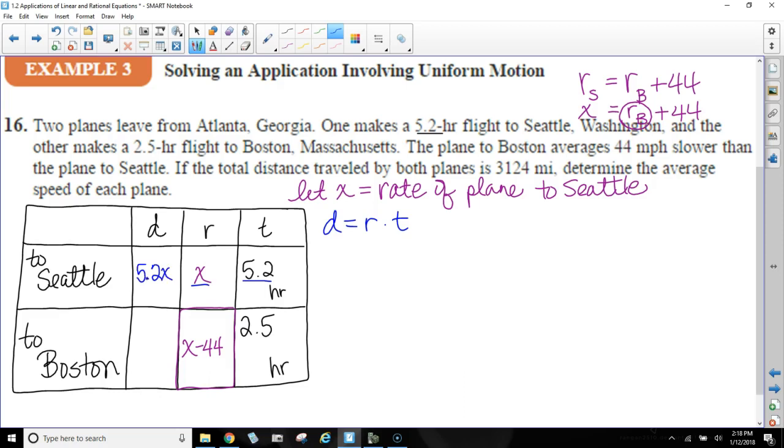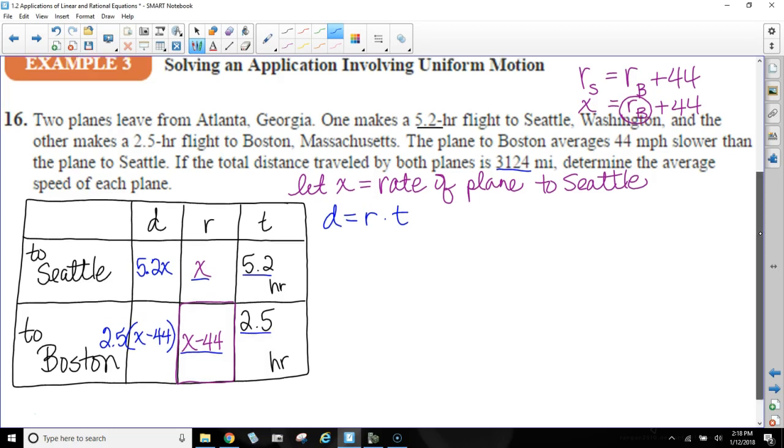That's the distance that it has traveled. The distance of the Boston plane is the rate of the Boston plane times the time of the Boston plane, and that is 2.5 times the quantity x minus 44.